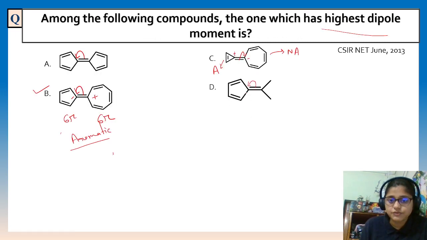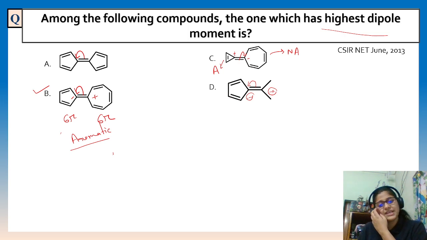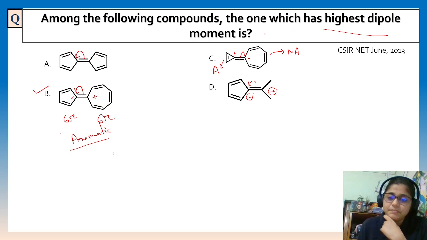If we break this way, negative, positive, it is stable, but not this system. This is aromatic, but this part actually is not aromatic, right? So it has less stability than this. So we have to find the highest dipole moment. Okay. Oh, this other option also we have to try, right?